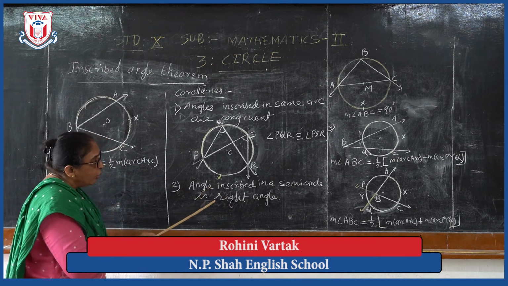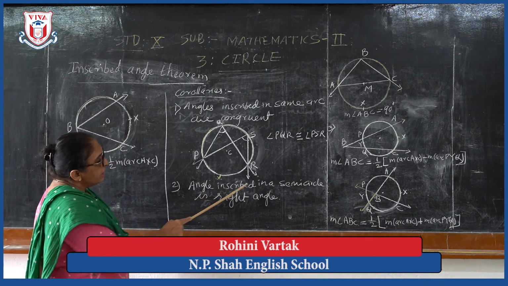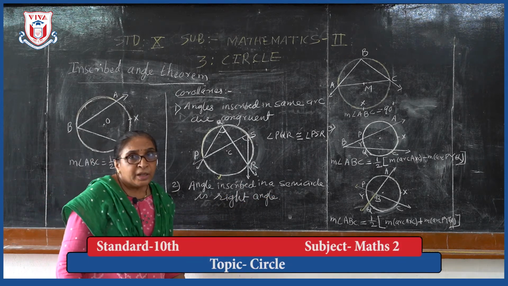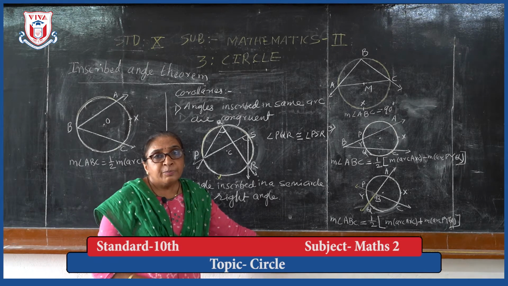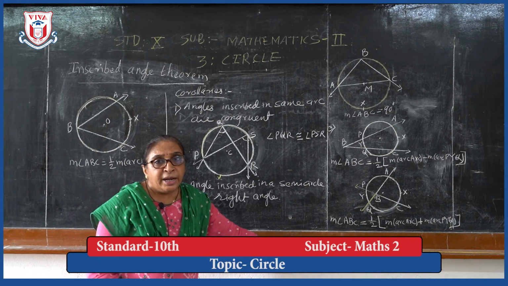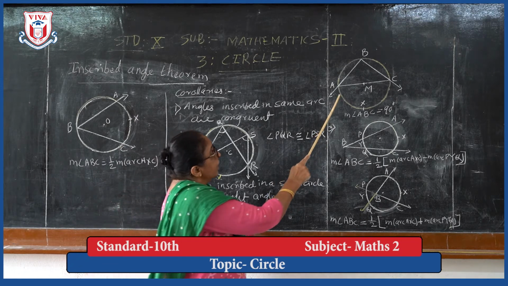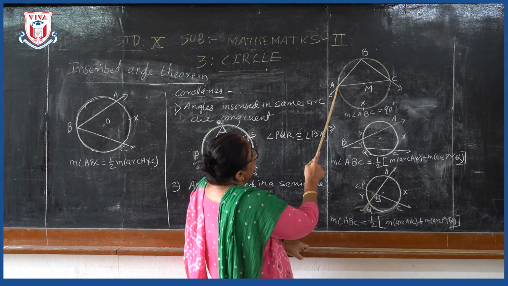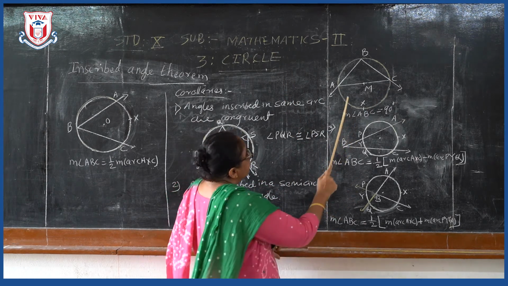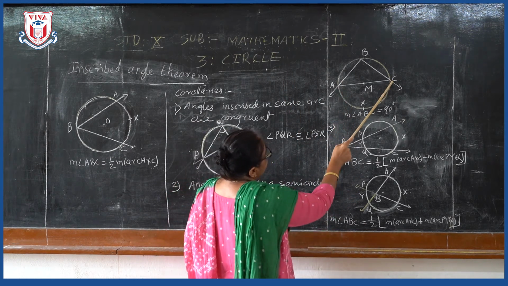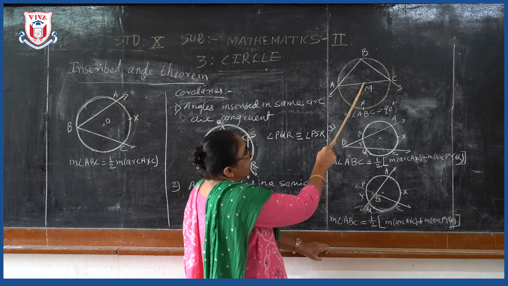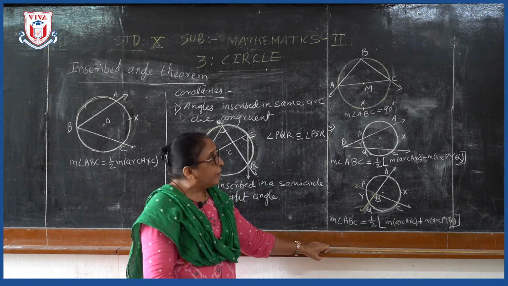The second corollary is: an angle inscribed in a semicircle is a right angle. Now, children, you know that the measurement of a semicircle is 180 degrees. Suppose this angle ABC is inscribed in the semicircle, that means ABC is a semicircle because AC is passing through the center M, that means it is a diameter.